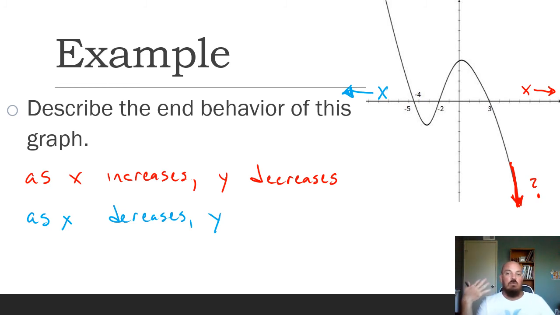Normally we move left to right on our graph, but we're saying, what if I was moving backwards? What if x was decreasing instead of increasing? Well, your graph is moving to the left and you're looking at the left end behavior. Now, since this graph is pointing up on the left, y is increasing.